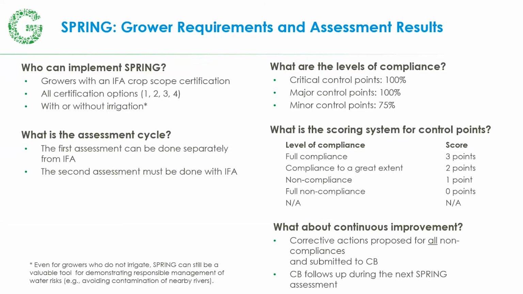If the producer achieves this level, 100% of the critical points the day of the assessment, 100% of the major points after 28 days, and 75% of the minor points after the 28 days, and if they have less than 100% of the minor control points, the producer sends a corrective action plan, not the corrections, the corrective action plans for the minor points that are not fulfilled, this producer is approved and is going to receive the letter of conformance.